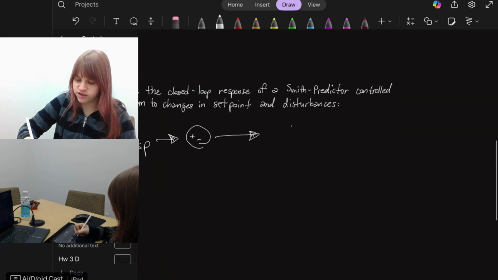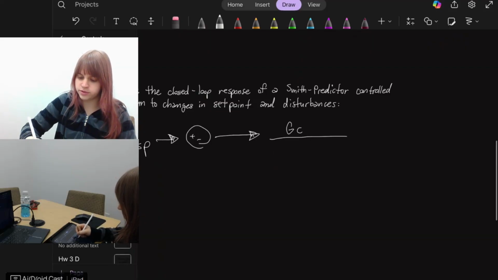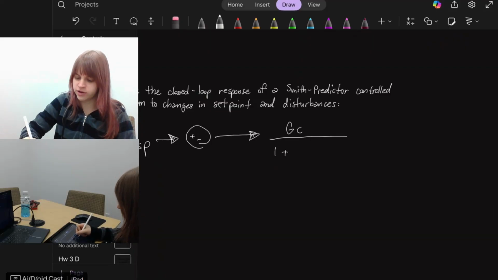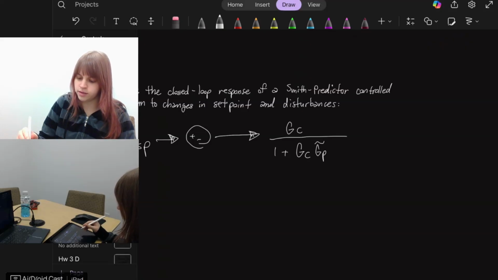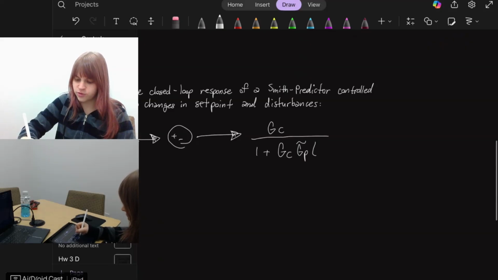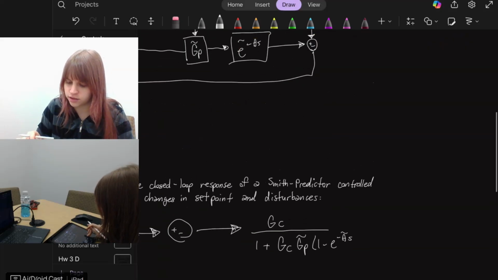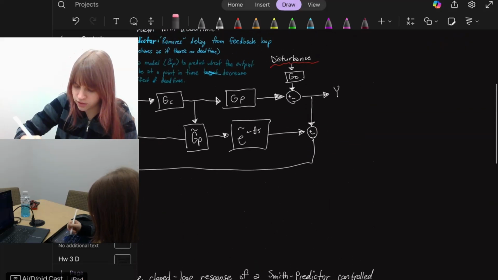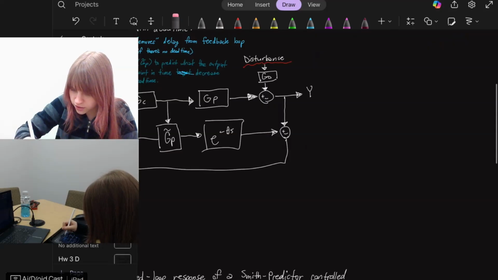We can have our GC divided by 1 plus everything in the forward direction, which would be GC, GP with the little squiggle, times 1 minus e to the negative theta s, and that squiggle should be on the theta and not the e.